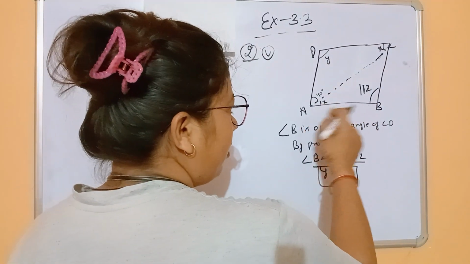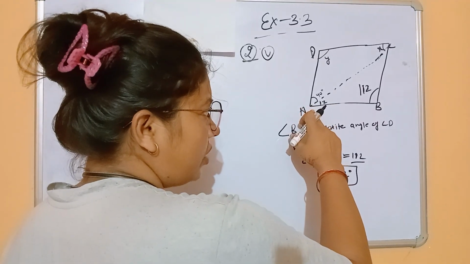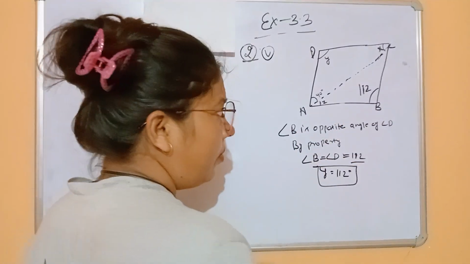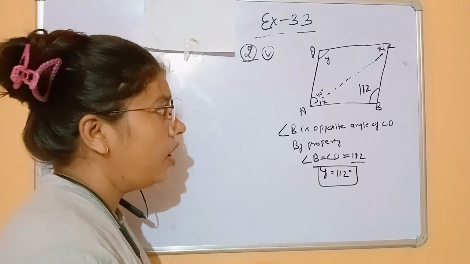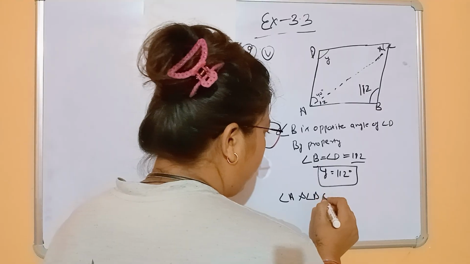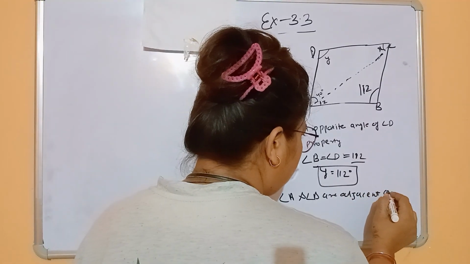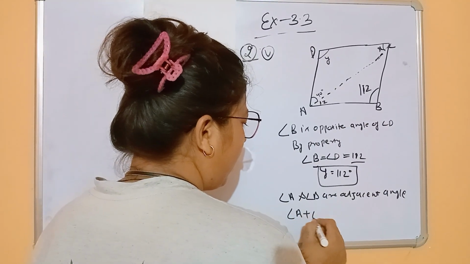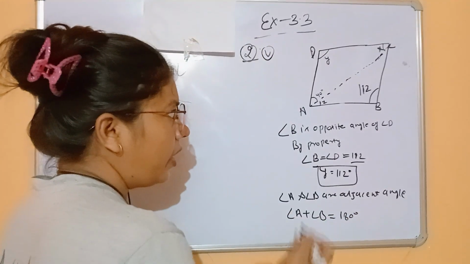Angle B is the adjacent angle of angle A, or you can say angle A is the adjacent angle of angle B. That means angle A plus angle B is equal to 180 degrees. So angle A and angle B are adjacent angles, and by property angle A plus angle B is equal to 180 degrees.